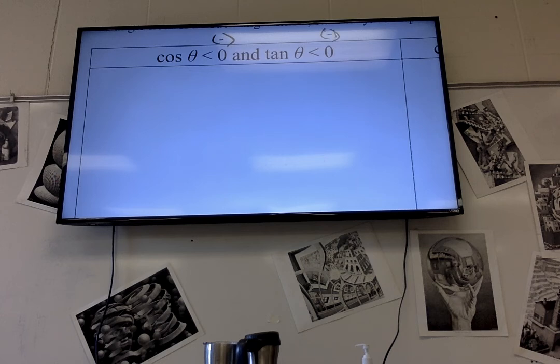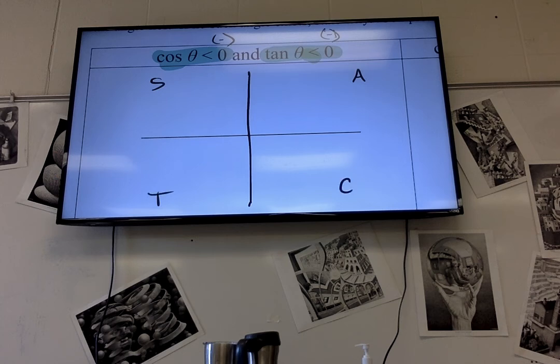So we're going to figure out which quadrant has both of these. So we have all students take calculus, and that just means these are the ones that are positive.